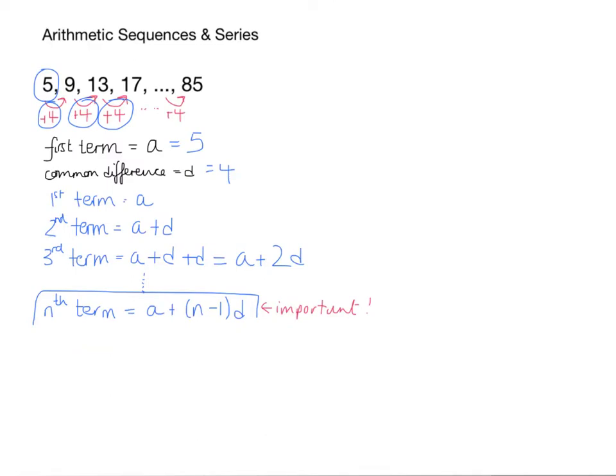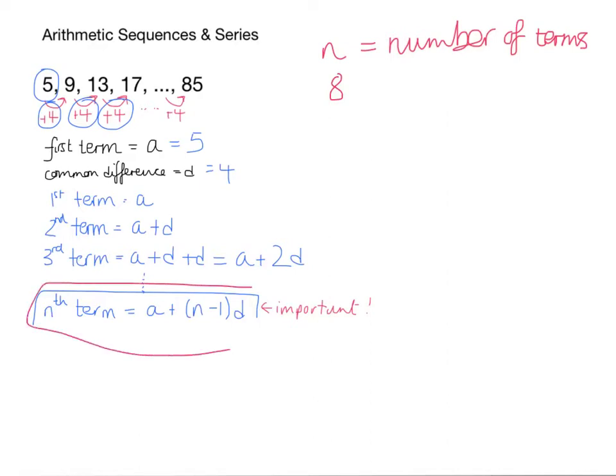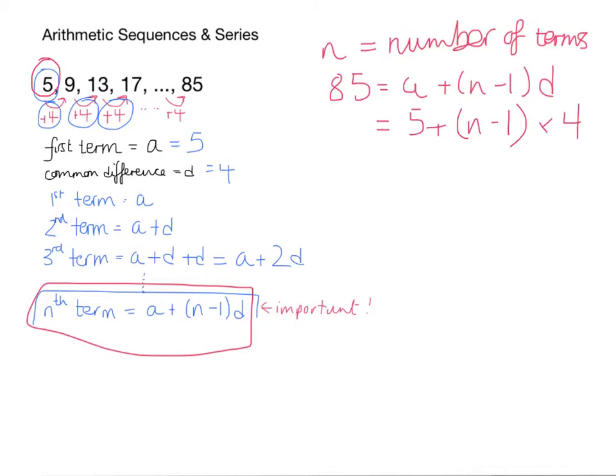Our next step is to work out how many terms we have. If we know that 85 is the last term, we can say that n is the number of terms. So if 85 is the nth term, then using our formula we can write 85 equals a plus (n take 1) d, which in this case is 5 plus (n take 1) times 4.